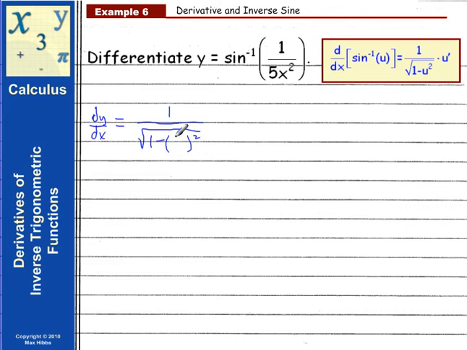But of course our u value is 1 over 5x squared. Then times the derivative of our argument, our u value. So that's the derivative of 1 over 5x squared.